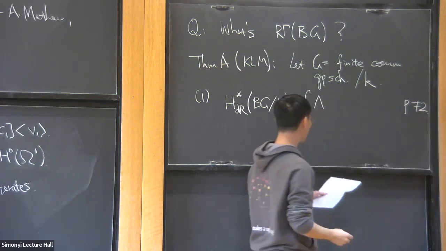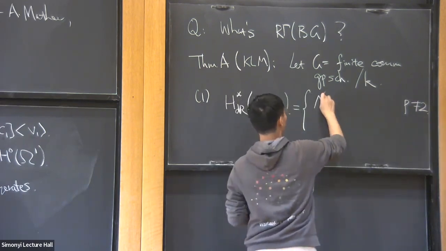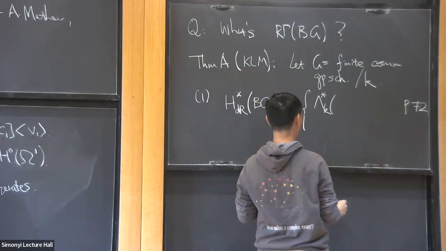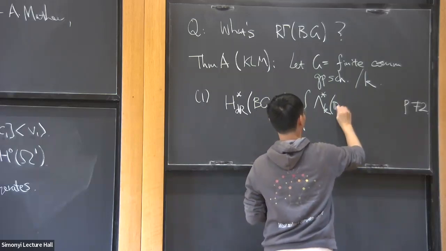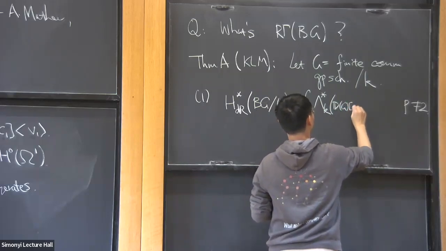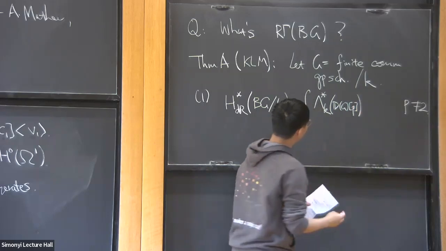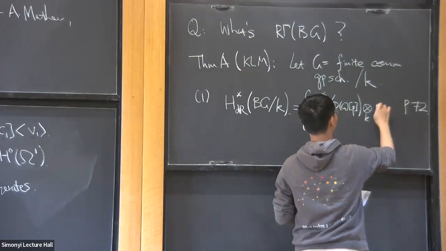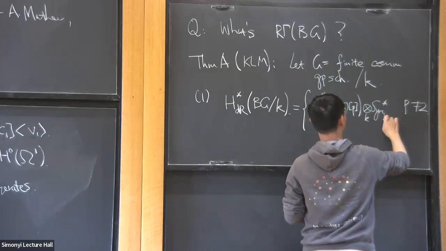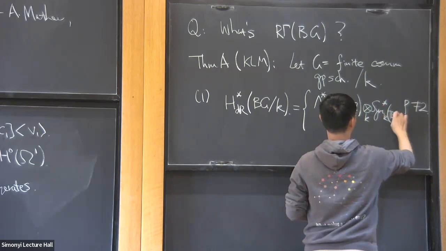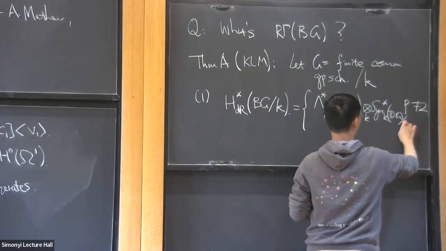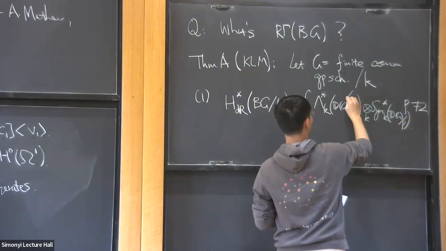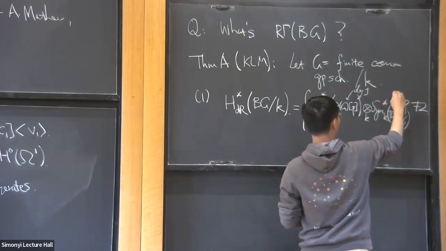If P is not 2, what you get is an exterior algebra in degree 1 given by the P-torsion of the Dieudonné module, tensor a symmetric algebra given by the Dieudonné module of G mod P put in degree 2. So this is in degree 1 and this is in degree 2.